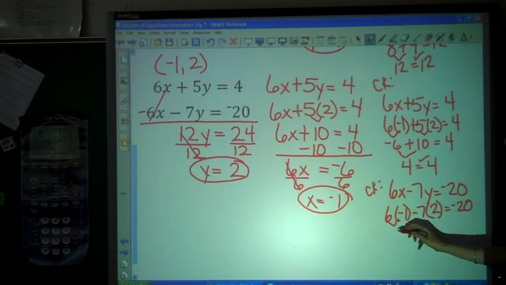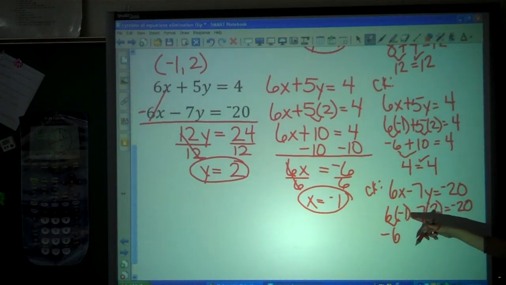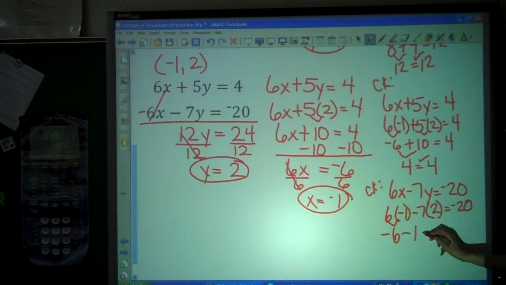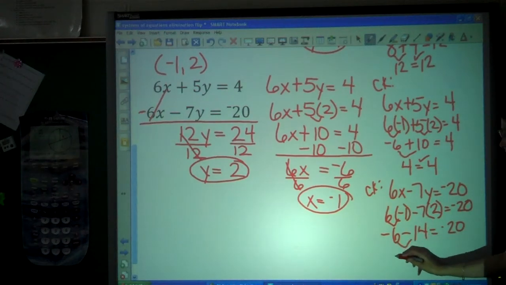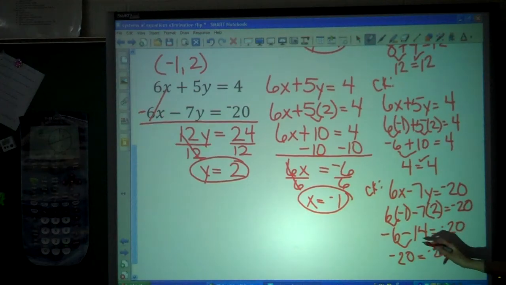Multiply first. 6 times a negative 1 is a negative 6. Negative 7, remember minus 7 is the same thing as a negative 7, times a positive 2 is a negative 14. Negative 6 minus 14 is a negative 20. If you need to, stick it in your calculator to make sure. And a negative 20 equals a negative 20, so I am correct.